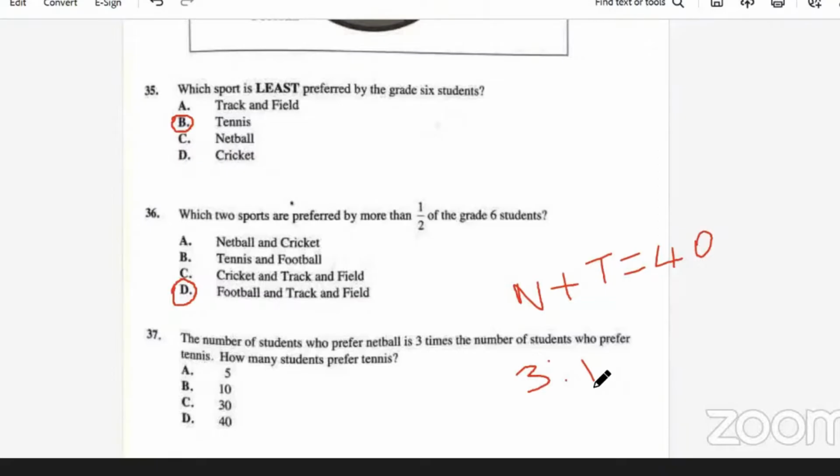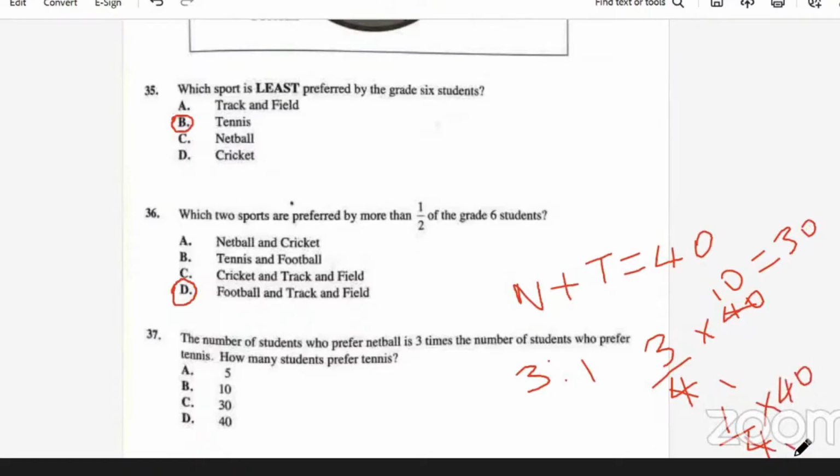So then the netball would have been 3 out of 4, right? And so tennis would have been 1 out of 4. Okay, so if we have 40 students and we did 3 quarters, then we know that the netball would have been 30 students. And so the tennis would have been 10 students. So how many students prefer tennis? The answer would be 10.